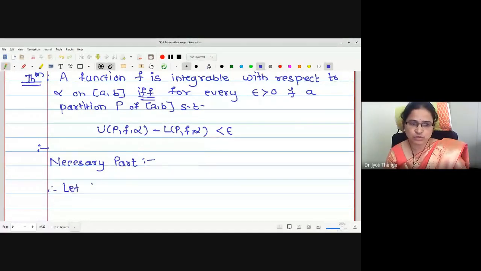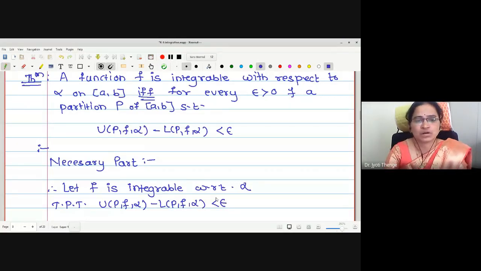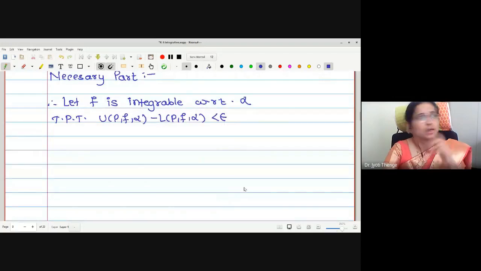Here, let me assume that f is integrable with respect to alpha, and what to prove? U P of alpha minus L P of alpha is less than epsilon. This is what we want to prove.